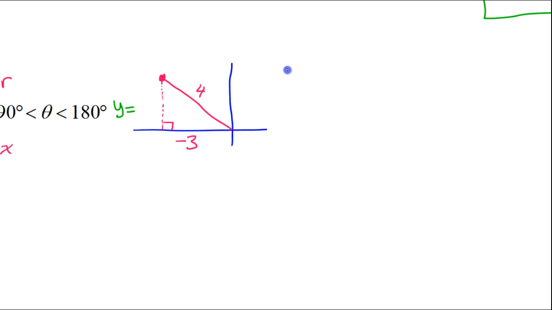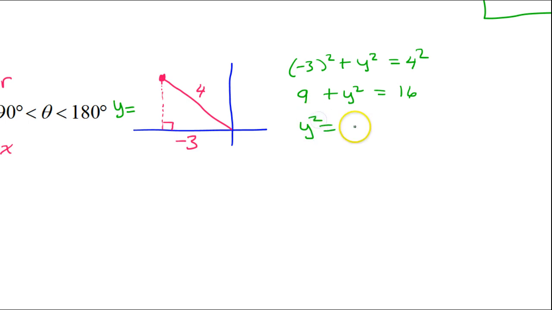So let's see, I've got x squared plus y squared is equal to the radius squared. So that's going to be 9 plus y squared is equal to 16. Subtracting 9 from both sides, I've got y squared is equal to 7.